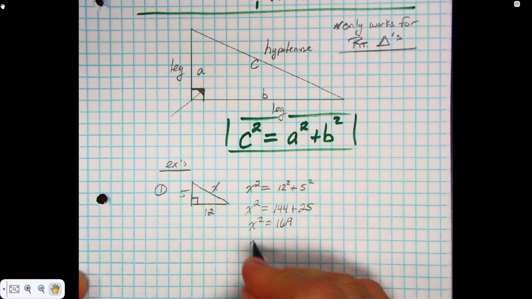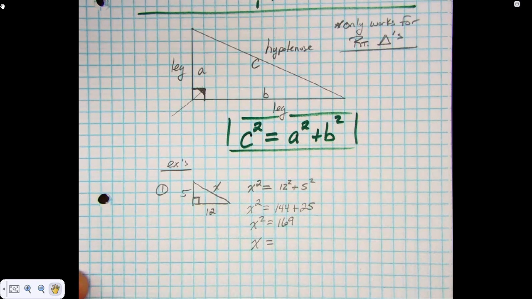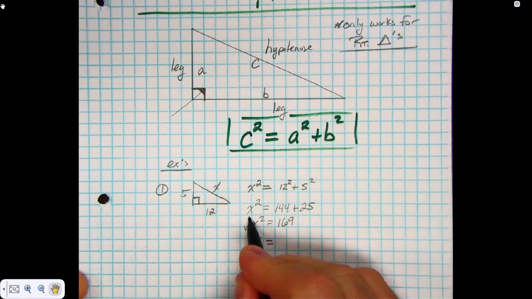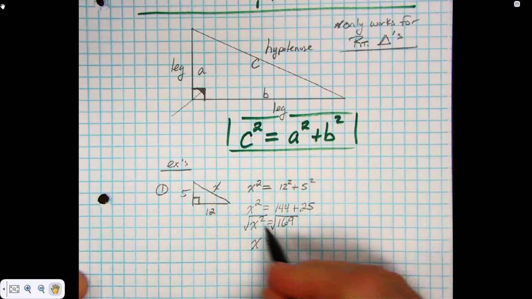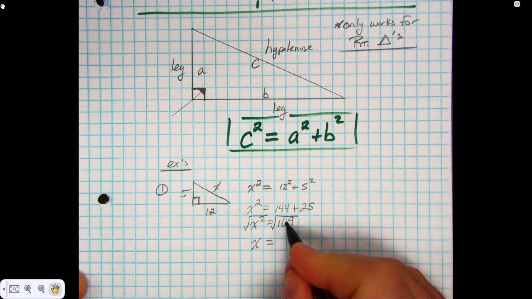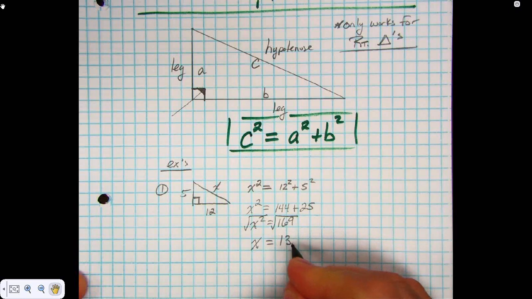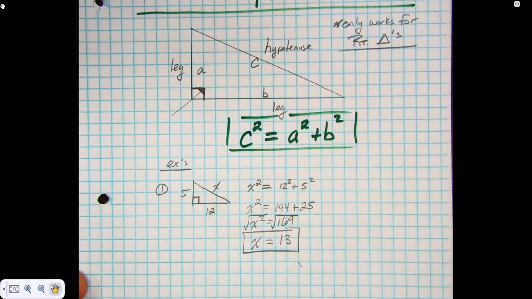I want to find what x is equal to. We're going to find x, so take the square root of both sides, because the square root of x squared is x. The square root of 169 is 13. There's your answer.